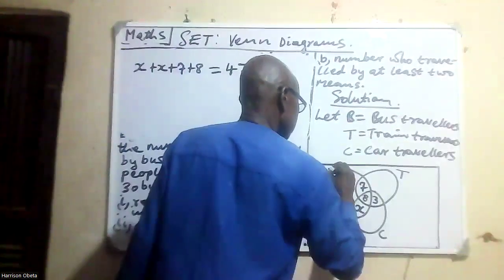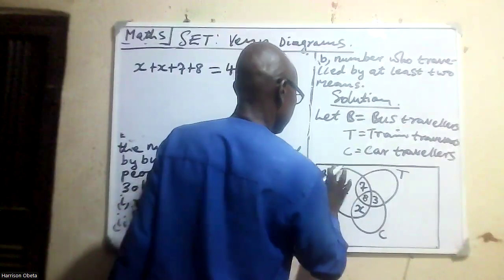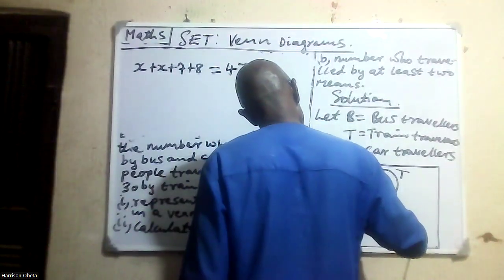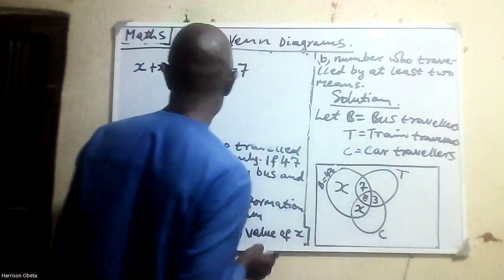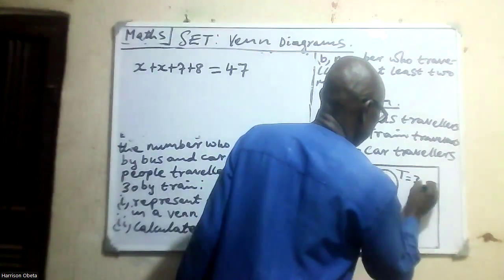Remember, B is equal to 47, while train is equal to 30.